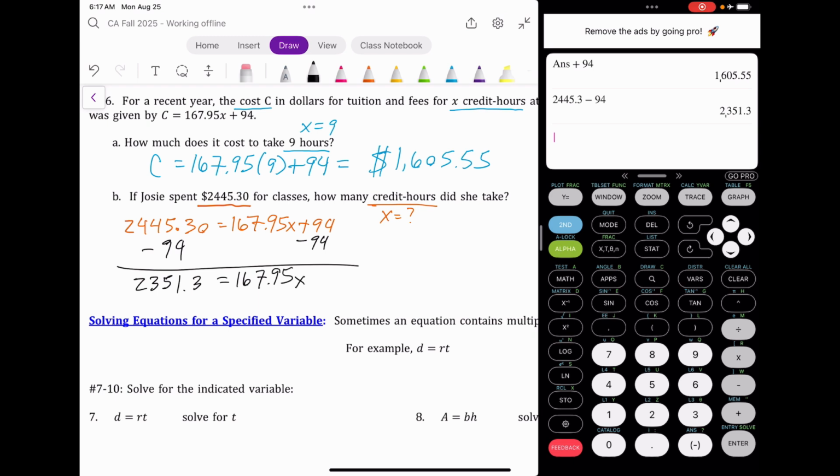And then lastly, we'll divide both sides by the 167.95. And we get 14 credit hours.